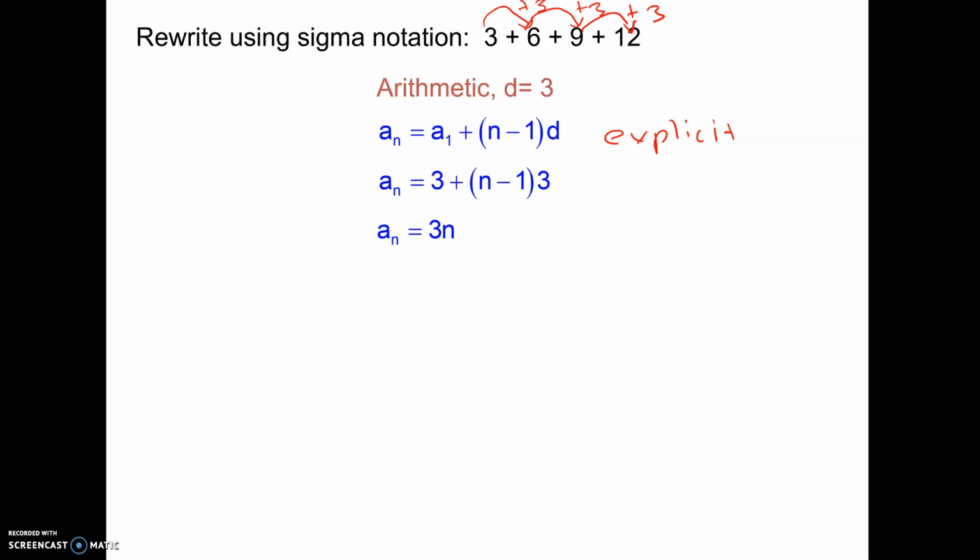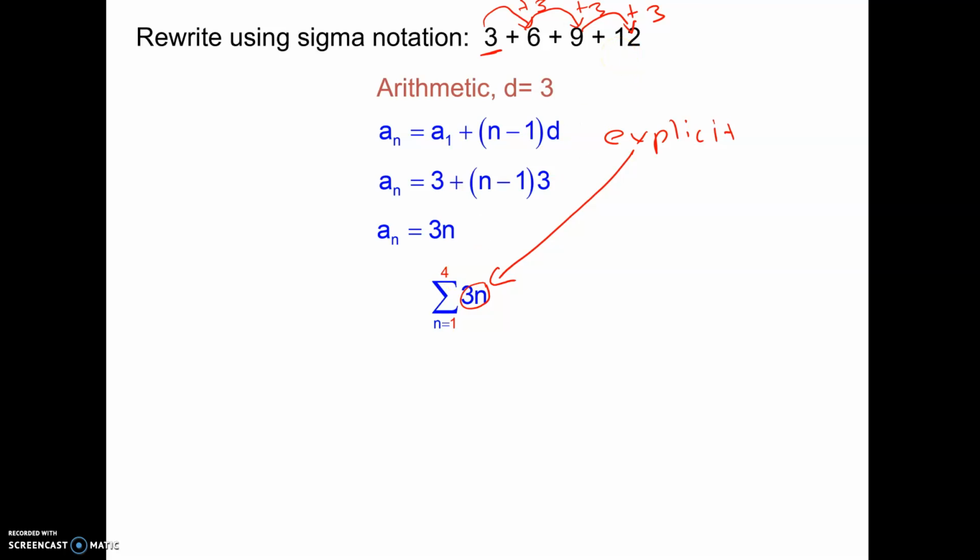Now all I have to do is put it in the formula and set my upper and lower bounds. So there's my explicit formula. And I start at 1, because if I do 3 times 1, I get the first term right here. And if I do 3 times 4, I get the last term, 12. And you're done with that one.